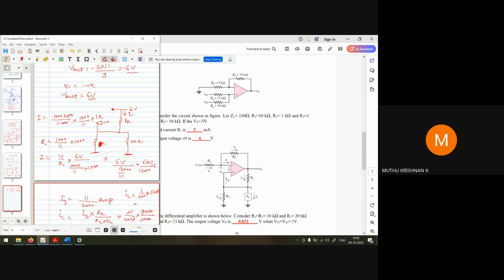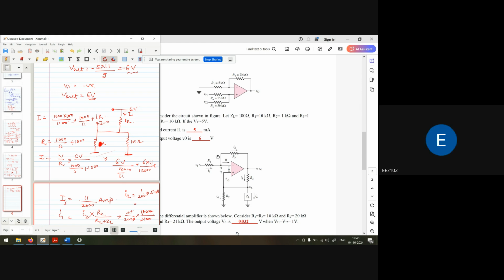Sir, while calculating VL, we are not calculating VL, we are basically checking what is the value in terms of VO, right, sir? VO by 11, yeah.